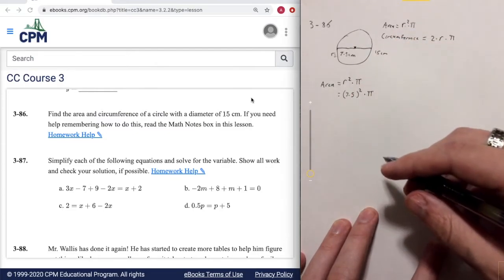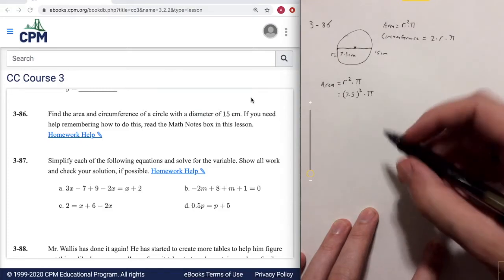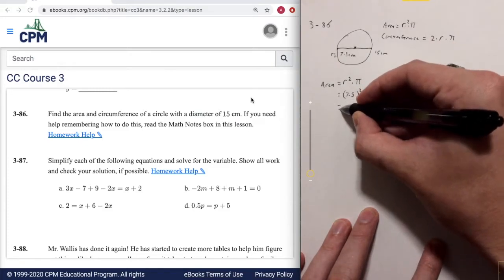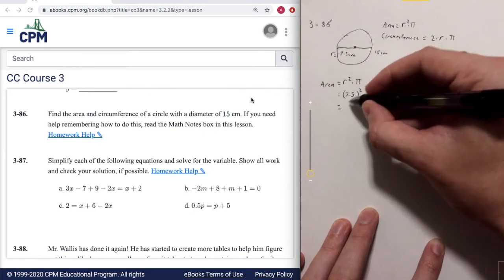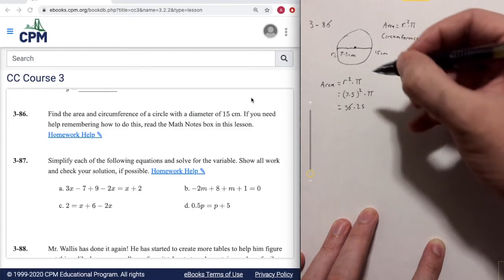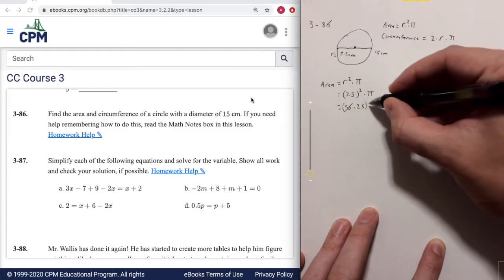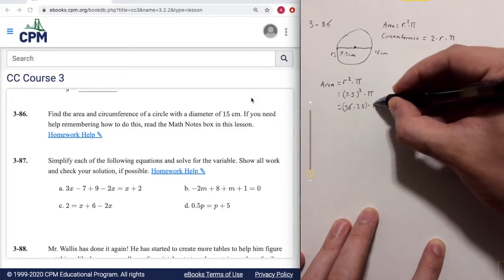You might want a calculator for what 7.5 times 7.5, or 7.5 squared, is. But it's going to be 56.25. And that's getting multiplied by pi.